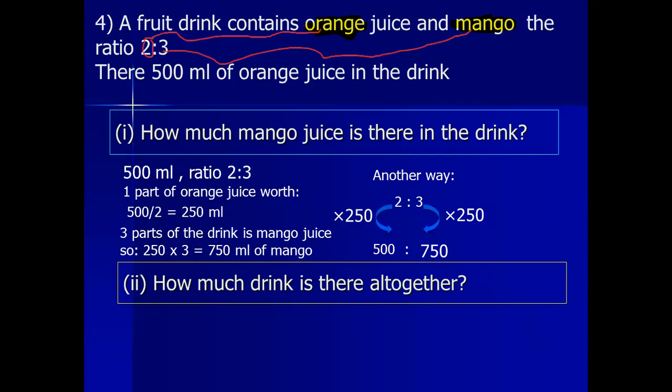Both are accepted, guys. Now, how much drink is there altogether? That means I will find the total amount, mango and orange together. So 750 plus 500 is 1,250 milliliters, which is 1.25 liters, I mean.